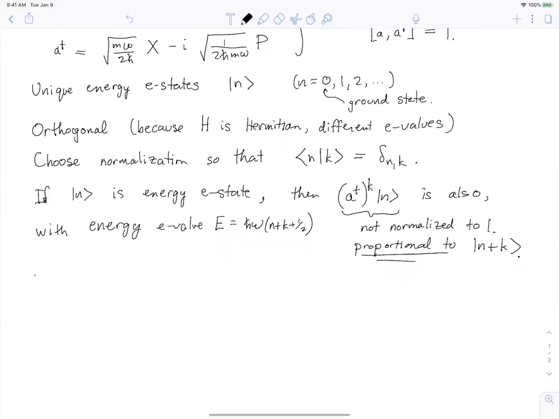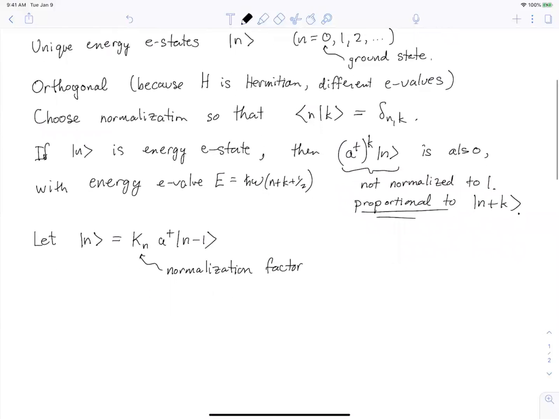And so to do that, let's let |n> be equal to some normalization factor that we have to figure out times a dagger acting on |n-1>. Here we're just choosing k equals 1 to make things easy. And so the k sub n here is a normalization factor. We know they're proportional, so our job now is to find out what it is.